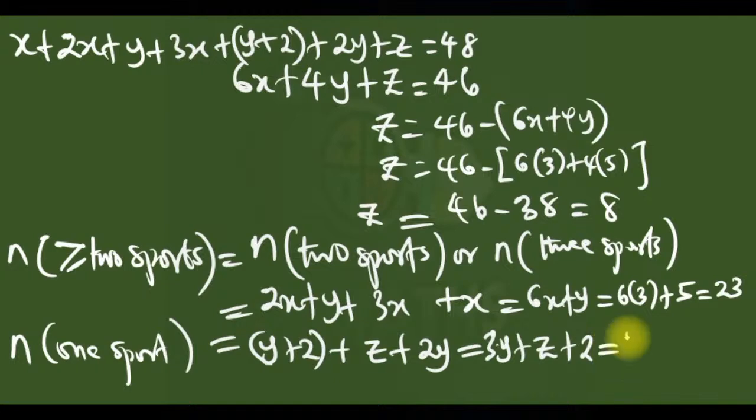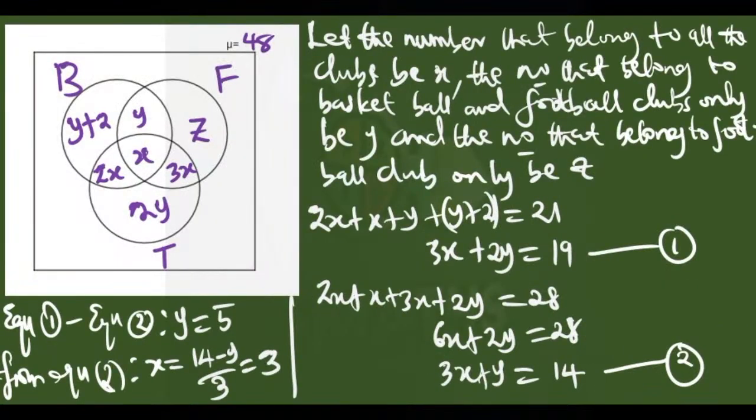With y as 5 and z as 8, it is 15 plus 8 plus 2, which is 25. So the answer is 25. It's a very nice and tricky question.